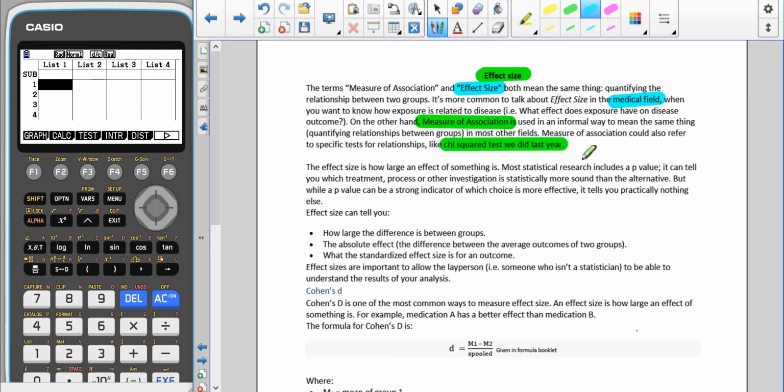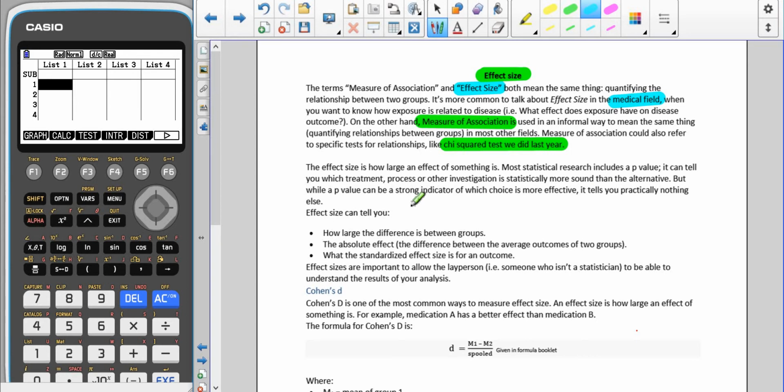Most statistical research includes a p-value. It can tell you which treatment process or other investigation is statistically more sound than the alternative. But while a p-value can be a strong indicator of which choice is more effective, it tells you practically nothing else.